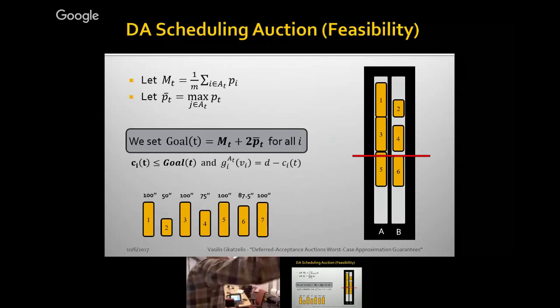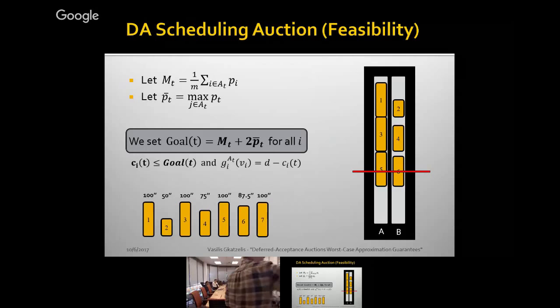And eventually, you see that it's always getting closer and closer to the limit of what I can pack. And in fact, we can show that in the limit, if you were to say you have alpha times MT plus beta times 2 PT, if you did alpha and beta anything less than 1, so if you decrease them, then it will be infeasible. So it's exactly tight in that combination, in that sense.